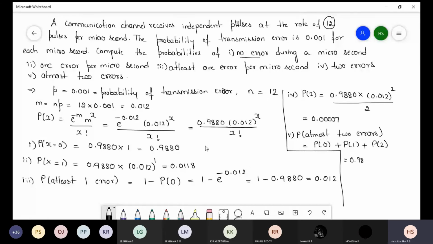So first one, for 0, it is 1, plus 0.012 divided by 1, plus 0.012 whole square divided by 2. That gives 0.9999. By approximation we can write it as 1.